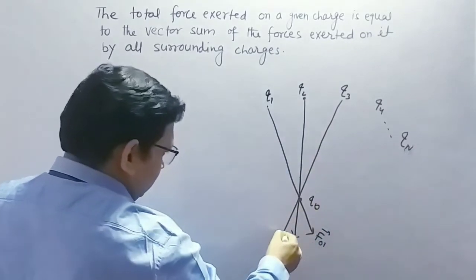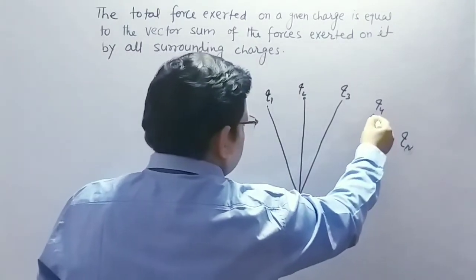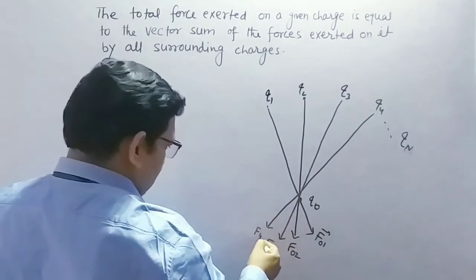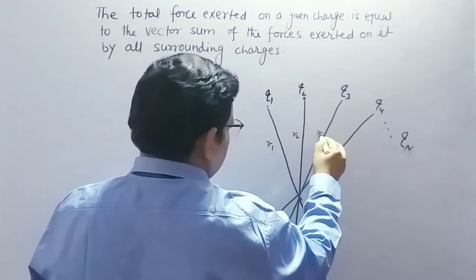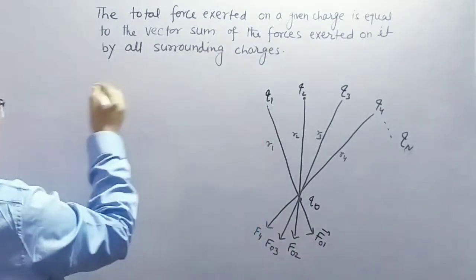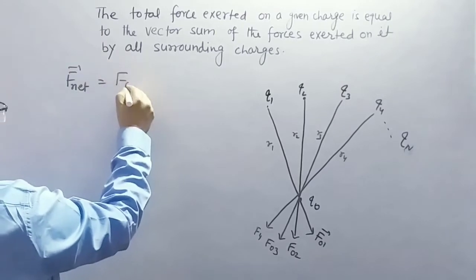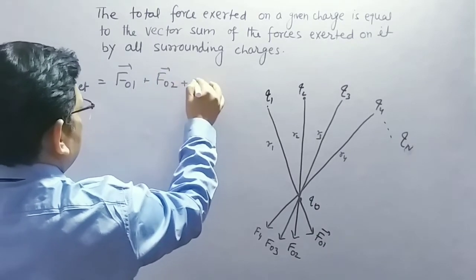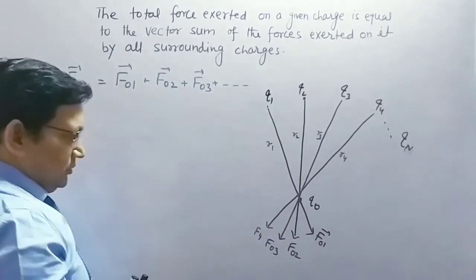This is the force acting on Q0 in this direction. And this force is acting like this. Suppose the distances are R1, R2, R3, R4 and so on up to Rn. So according to the superposition principle, the net force can be written as force 01, force 02, force 03 and so on.